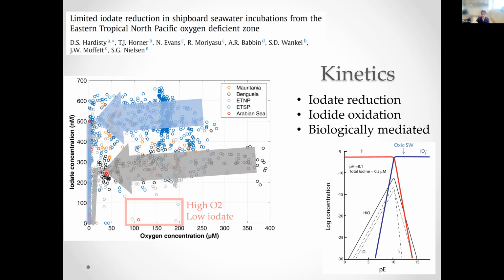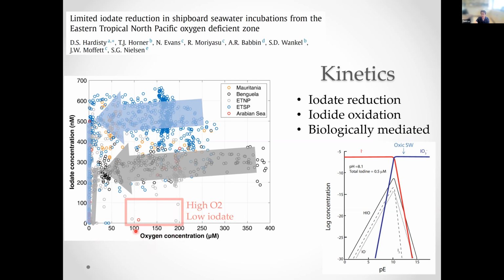Then once oxygen gets low enough, iodate crashes to very low, near zero values. But you also have some of these low iodate values in relatively high O2 water.